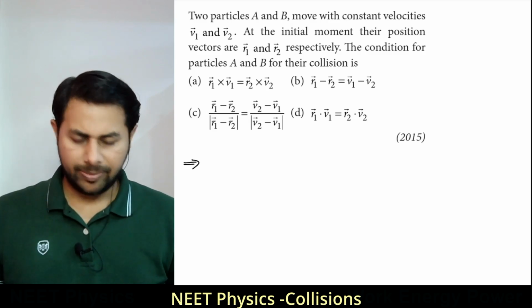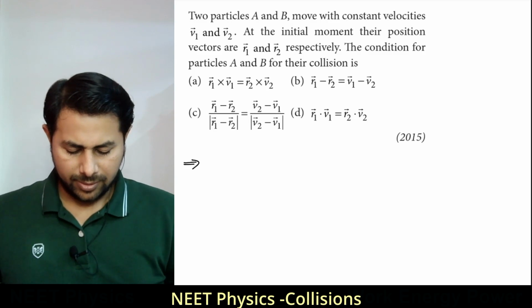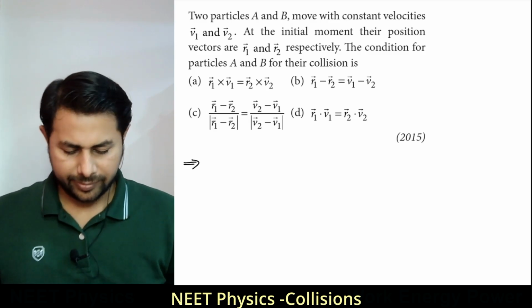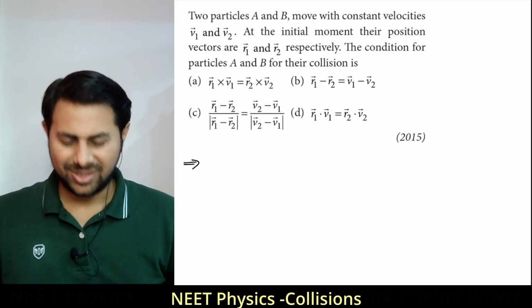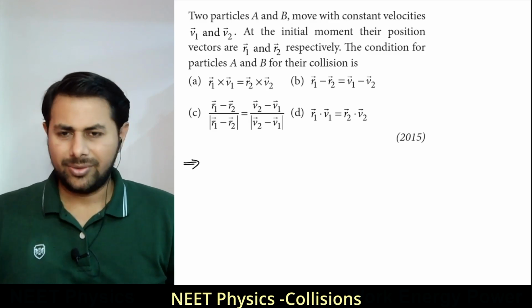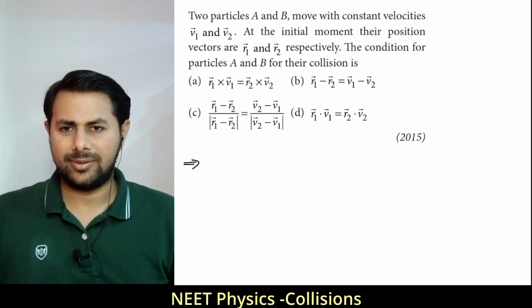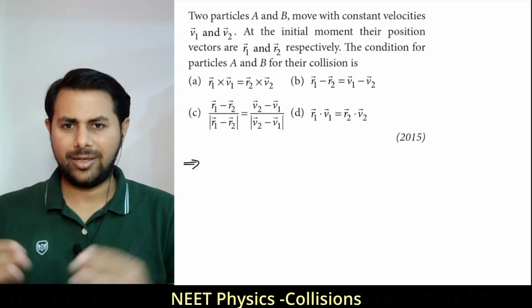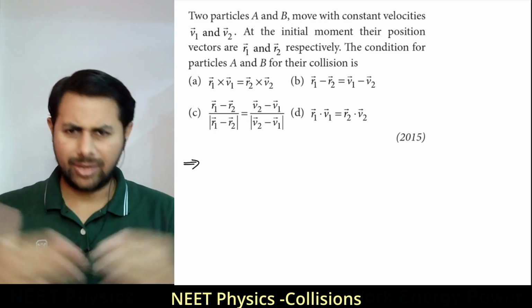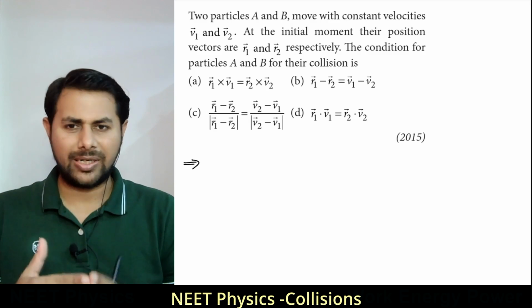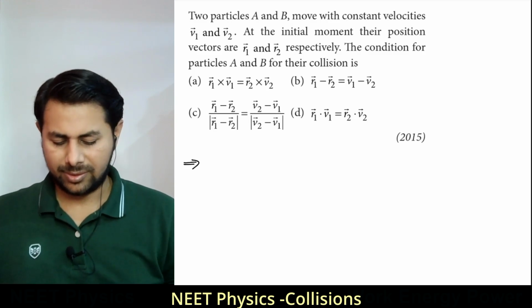Okay, so see, let me explain this one, because this is not a direct question, right? So when two bodies collide, what will be the final position vector? I mean, when they collide, their position vector will be equal, right?